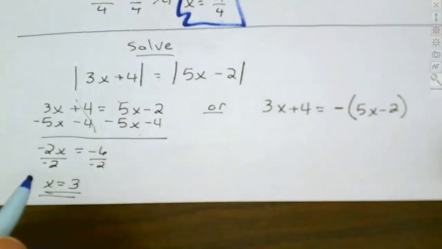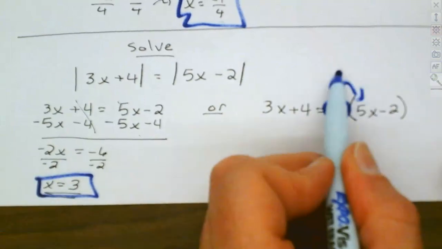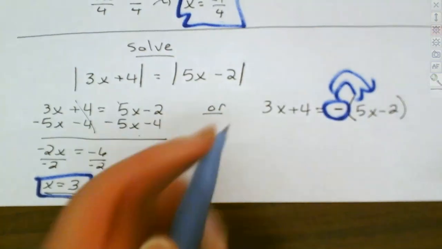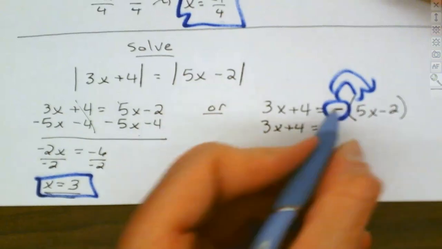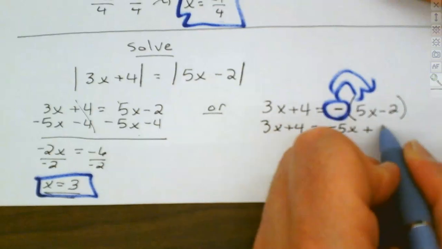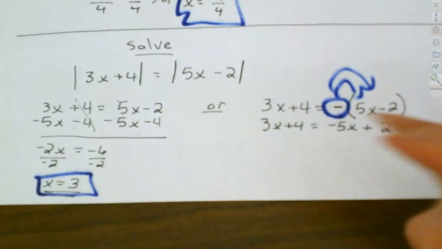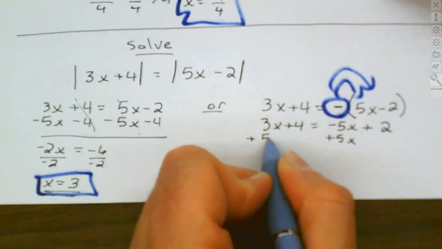What's my other solution going to be? Well, for the other one, we've got to distribute that negative through. So do that first. So 3x plus 4 equals a minus 5x. Negative and negative makes it a positive 2. Now we can finish it. So move that 5 over with addition.